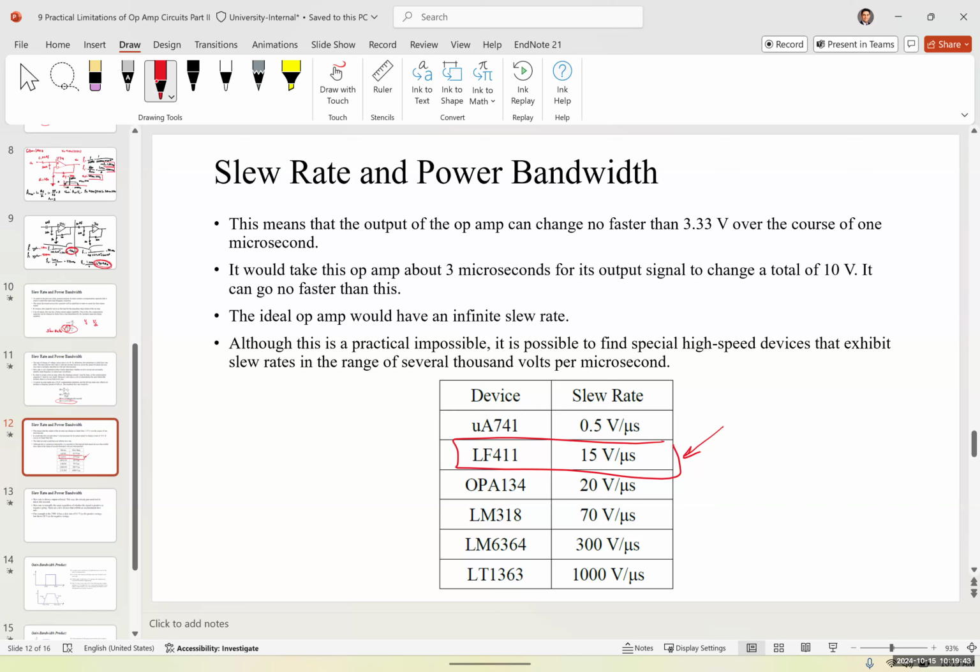So if we want to charge up to 20 volts, for this one, it would take 40 microseconds. For this one, it would only take 1 microsecond. So 40 times faster.